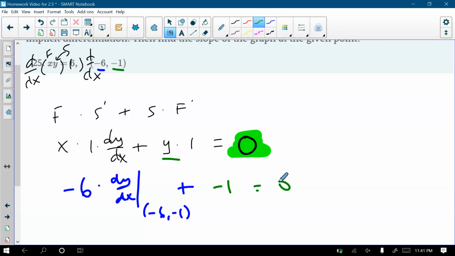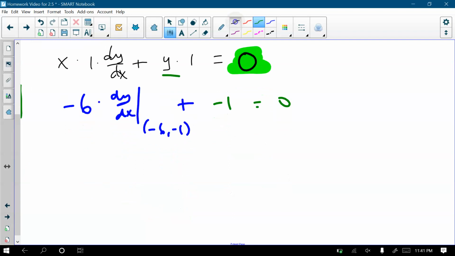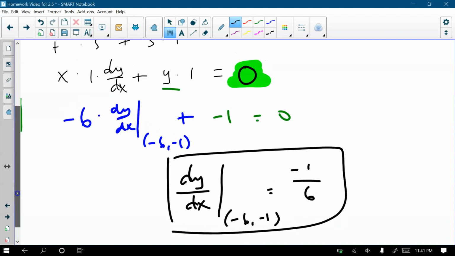We have equals 0. So now if I solve for dy dx, then I end up adding this 1 to the other side and dividing by -6, so I get dy dx evaluated at -6, -1 is equal to -1 over 6. That is your answer.